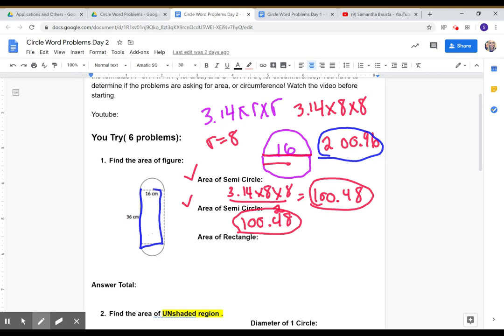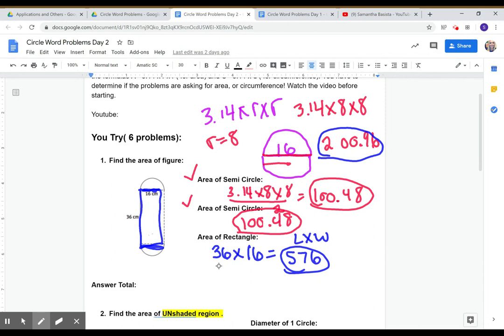Let's look at the dimensions of the rectangle. It's 36 by, up here, 16. I'm not dividing that by 2 because the area of a rectangle, right, is length times width. So 36 times 16 is 576, right? So now let's go ahead and add those all up.